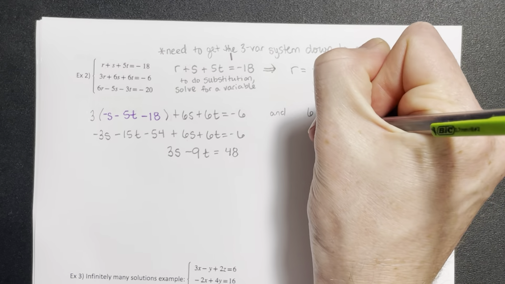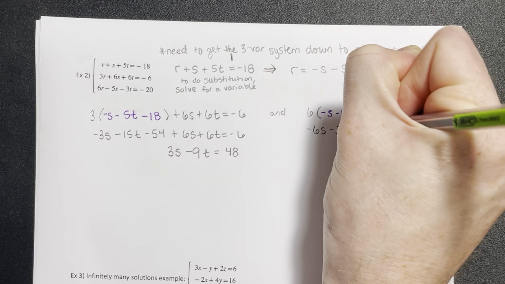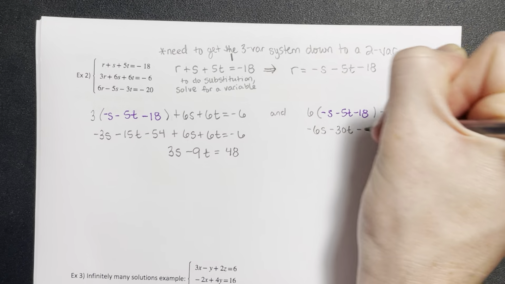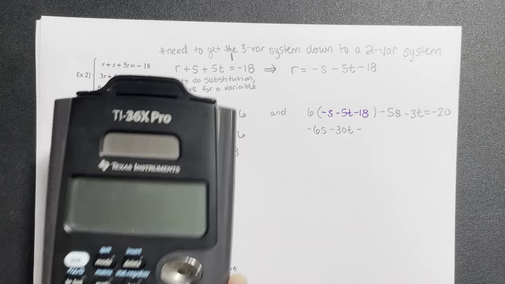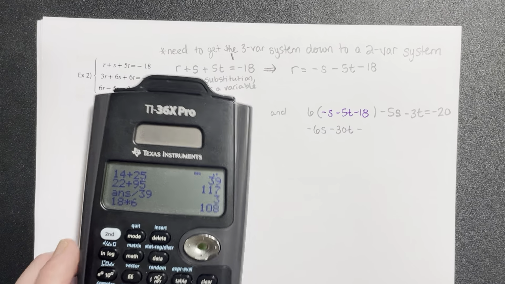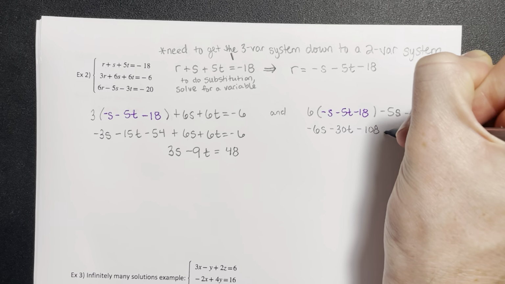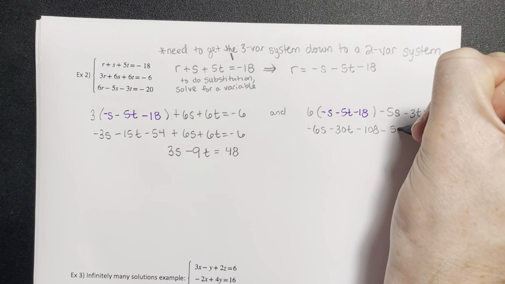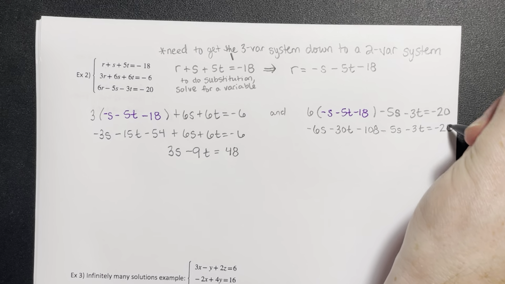And then we solve the other equation, negative 6s minus 30t minus, and 18 times 6 is, let's just double check before I do this in my head. Yep, 108. We still have minus 5s minus 3t equals negative 20.